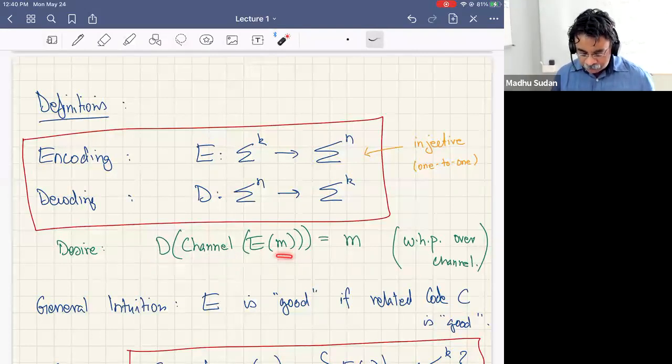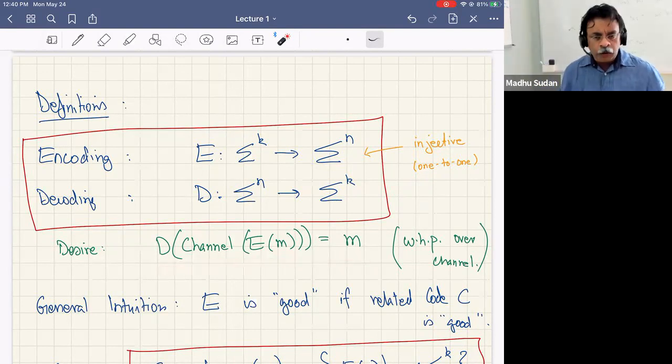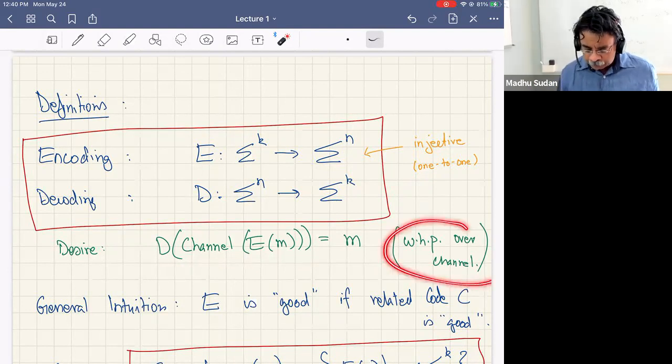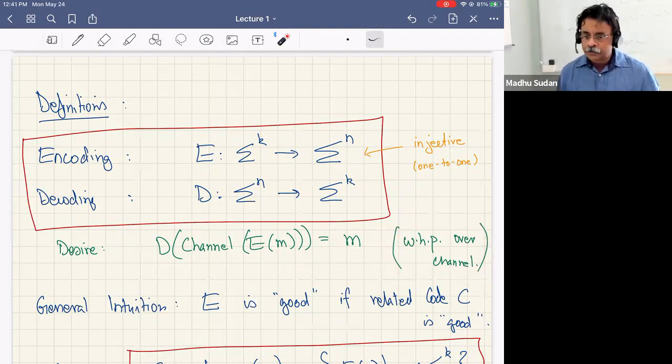So if you transmit m, the receiver should know m. That's the guarantee we want. Later, we will relax it in some ways, but think of it, this is what we want. If the channel happens to be probabilistic, we would want it to happen with high probability over the channel. But if it's adversarial, then we would want this guarantee deterministically. We want it all the time.